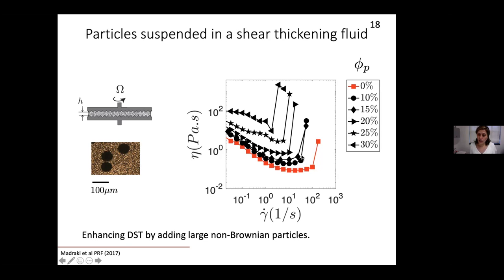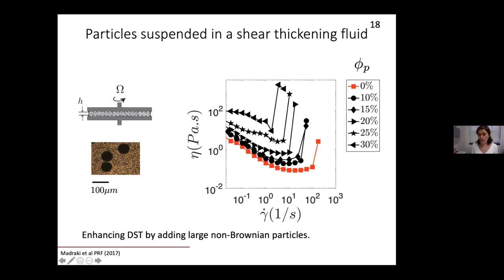So now I start adding these large particles into the system, and we can see that the viscosity here rises. We know why, because I introduced the concept of relative shear and normal viscosity, and I said that the viscosity depends on the solid volume fraction. That's why these curves move upward.